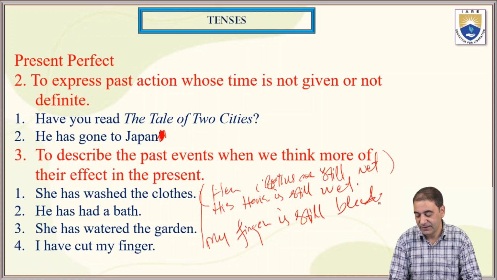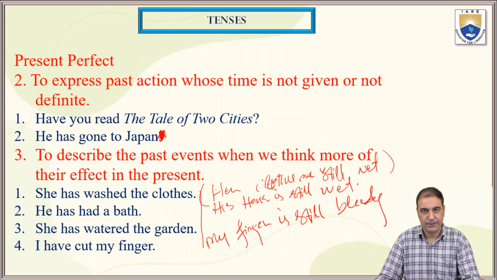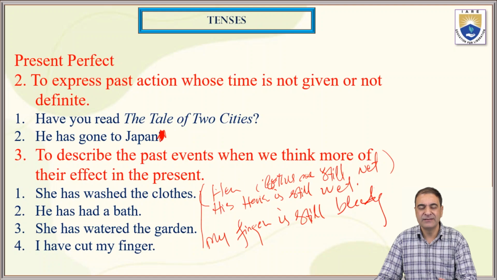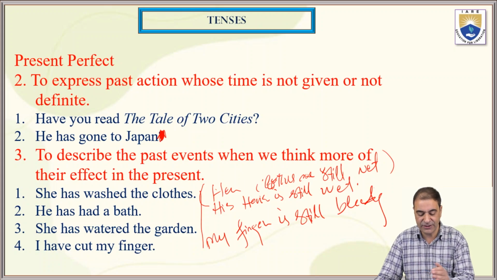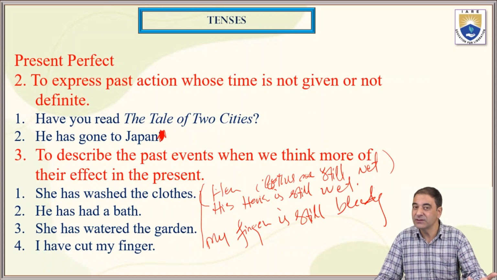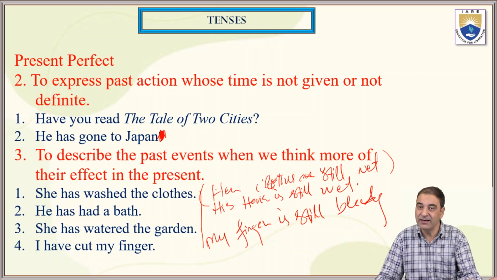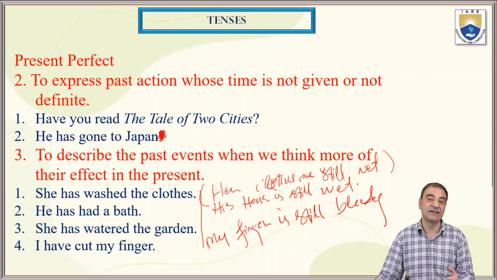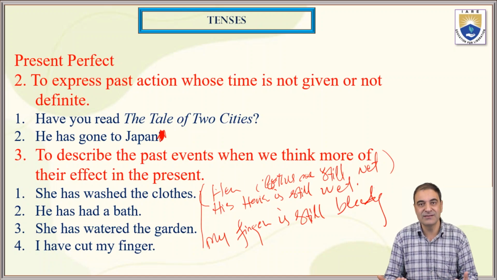That's why all these actions you will see that something which we have done in the past or an action that has been completed in the past. But the effect of those actions is still felt in present. Like here in the first one, she has washed the clothes. When we say that she has washed the clothes, it means it's something which is done in the past, but its effect is still felt in present. And what's that effect? That effect is her clothes are still wet.